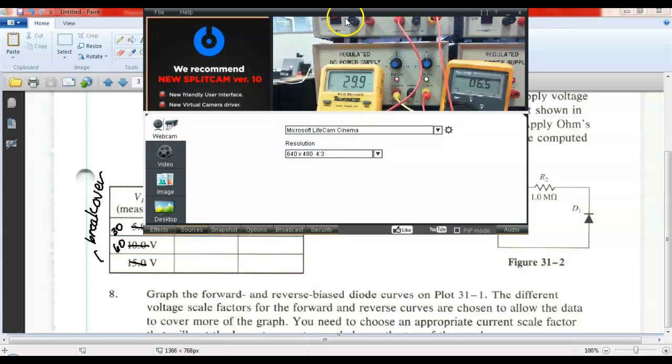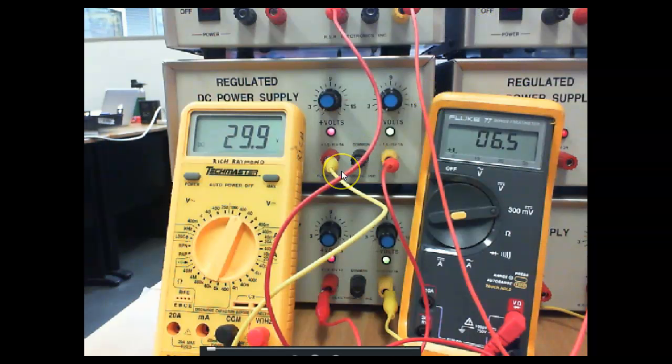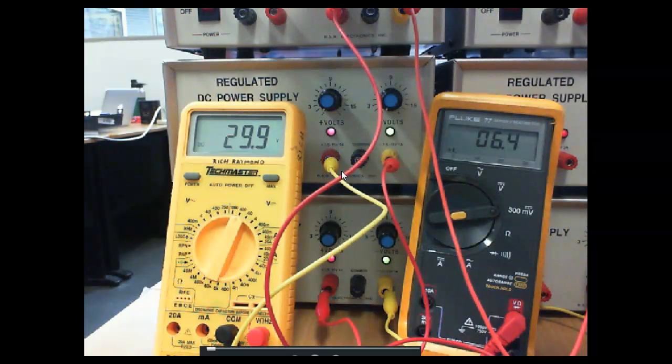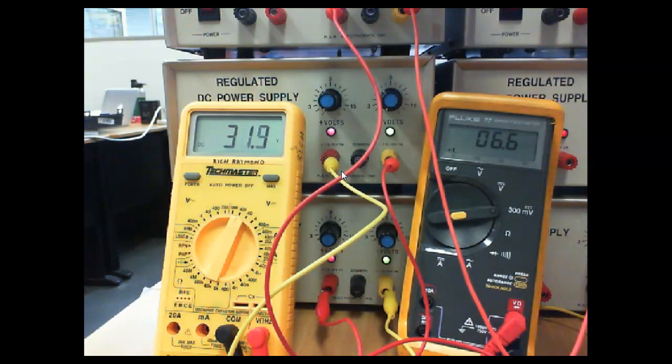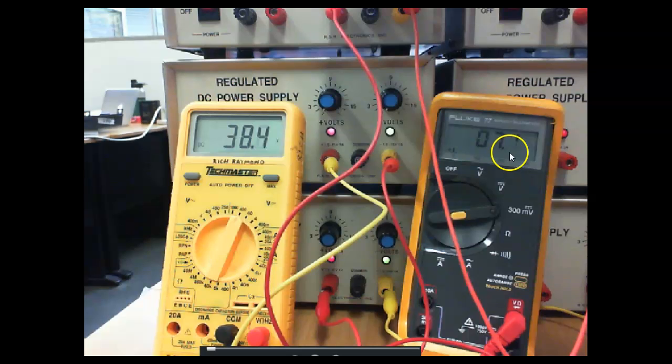So now we'll go up to 60 volts, and we'll do that fairly slowly so we can see when it starts changing. Notice the fraction is still changing, and we still have to move it pretty far for this digit right here to change.